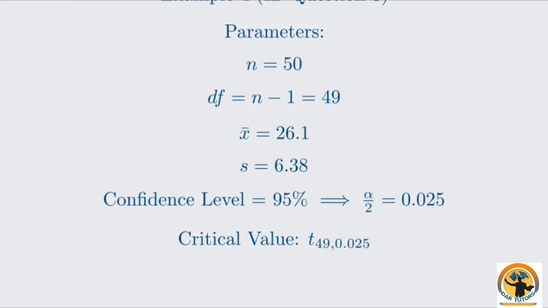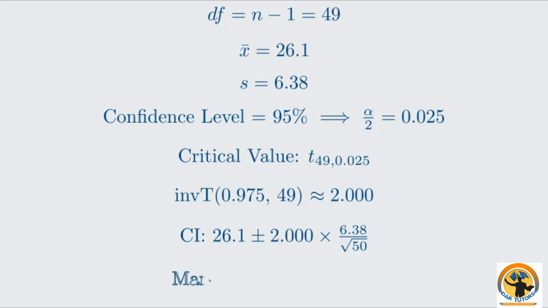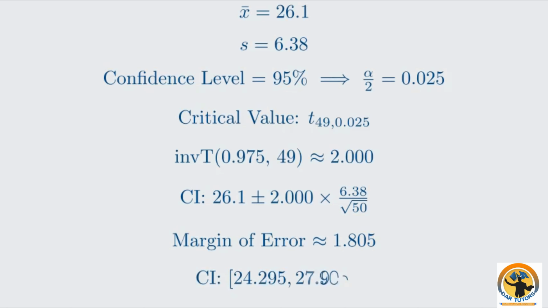The critical t-value t sub 49, 0.025 is approximately 2.000. We calculate the interval, 26.1 plus or minus 2.000 times 6.38 divided by the square root of 50. The margin of error is approximately 1.805. This gives a 95% confidence interval of 24.295 to 27.9.